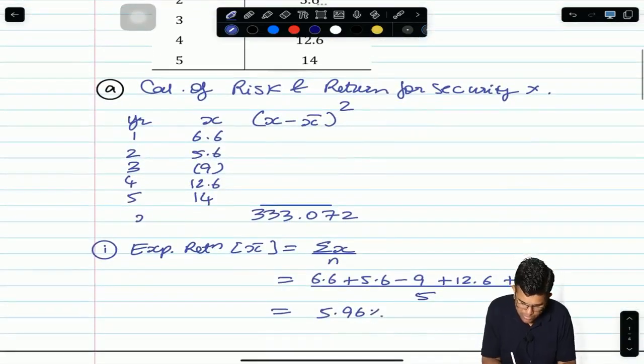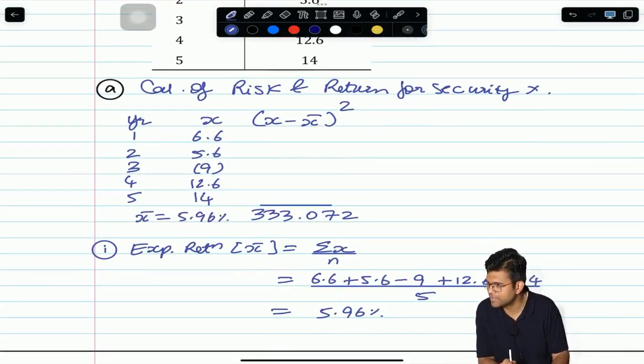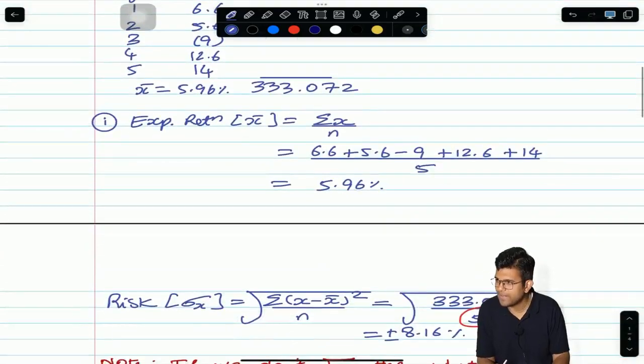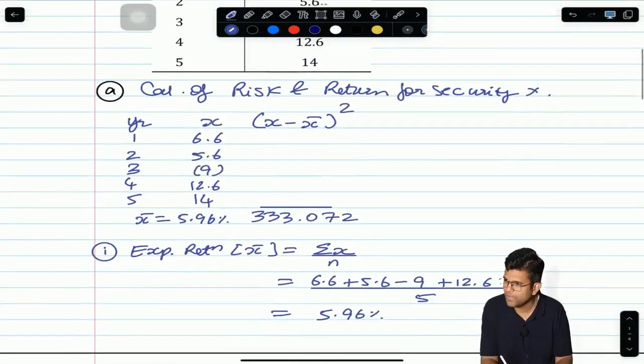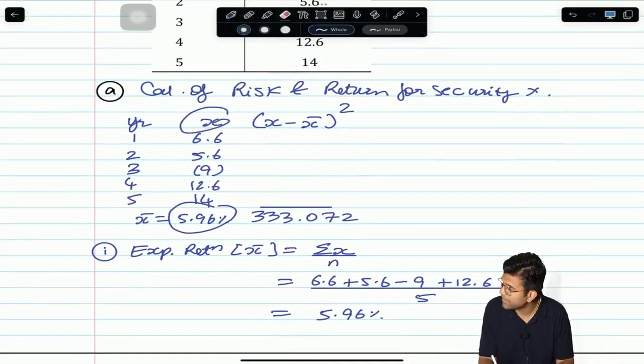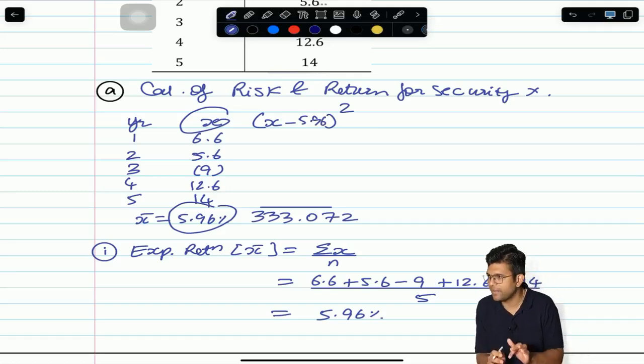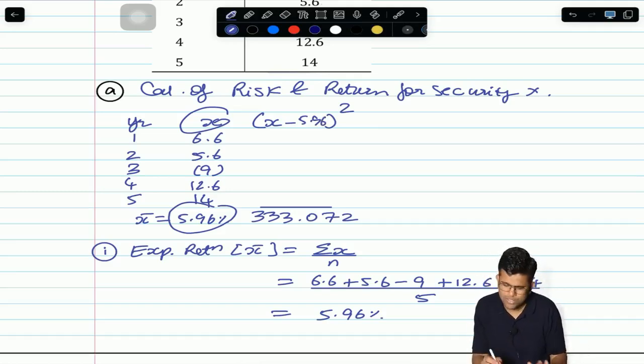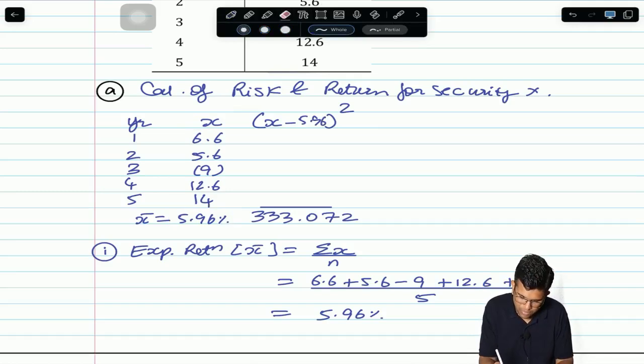Sir used to make you write x bar of 5.96, for example, in the previous question here only. You're understanding? Here I have written 5.96, but they used to make you write it here only, x bar, and then you used to do x minus x bar, and sometimes the faculty might have asked you to write 5.96 only here rather than writing x bar. You understood, no? So basically all this happens in childhood.